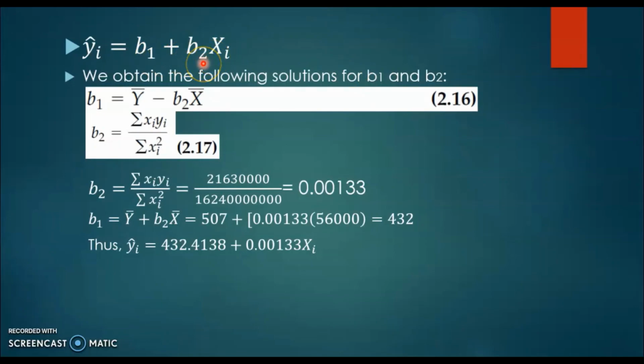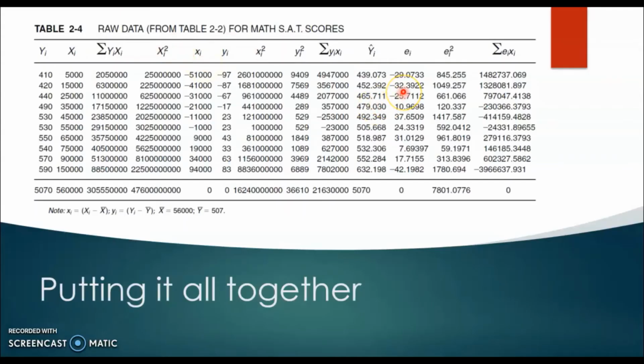So here we have the residual for the first observation, which is negative 29.0733. How do we get that? All we have to do is subtract the predicted y from the actual y. That means 410, for the first observation, minus 439.073, and you will get negative 29.0733.